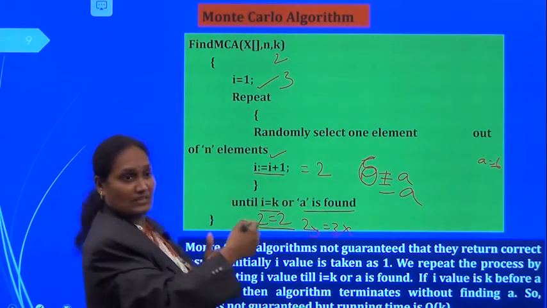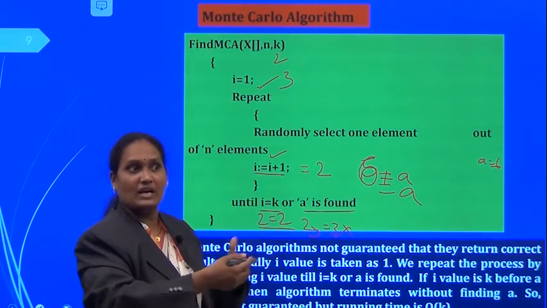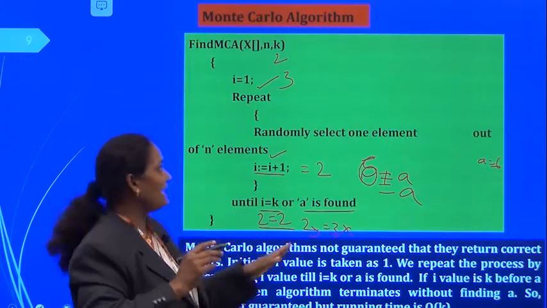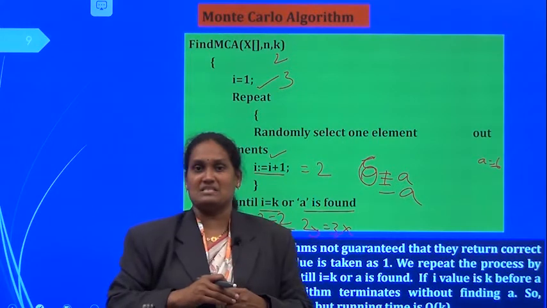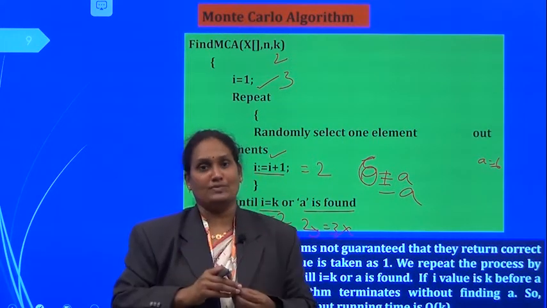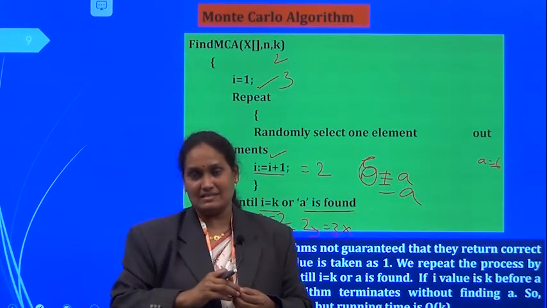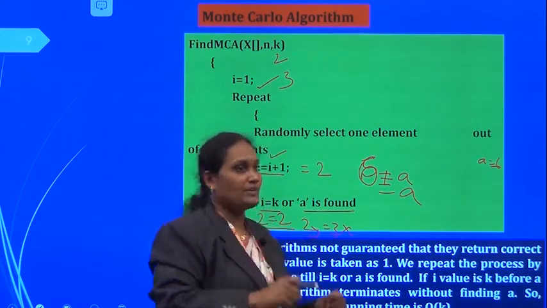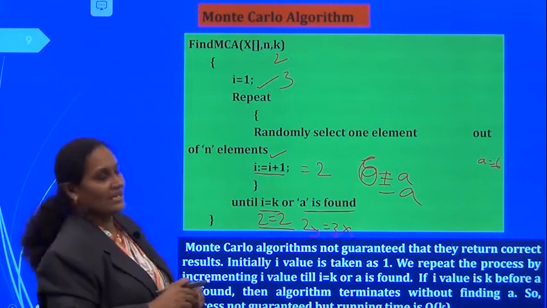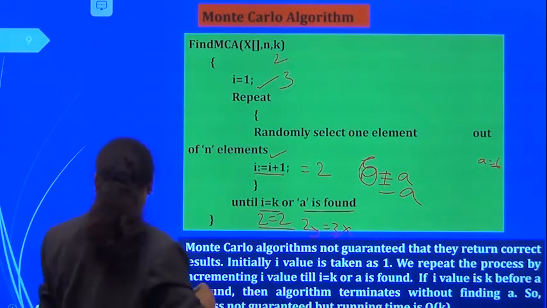So we can predict the running time of the algorithm. That's why in the case of Monte Carlo algorithms, there is some probability of incorrect output, but the running time is deterministic. I hope you all understood both Las Vegas algorithms and Monte Carlo algorithms.